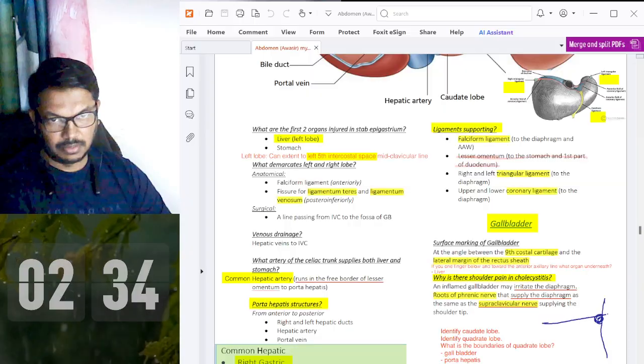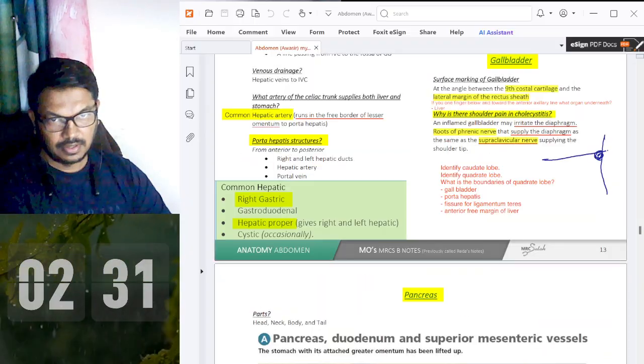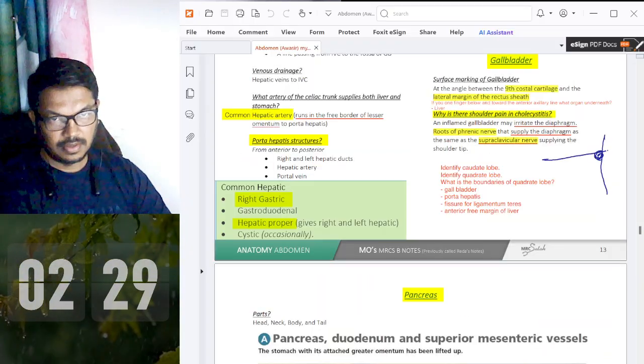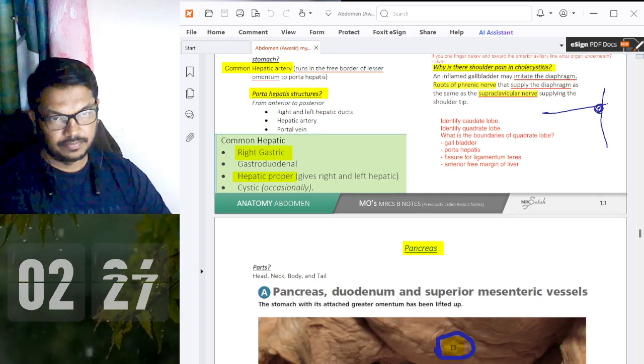What structures remain in the porta hepatis? Common hepatic duct, portal vein, hepatic artery.